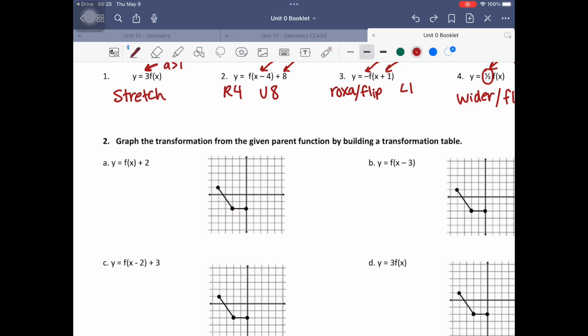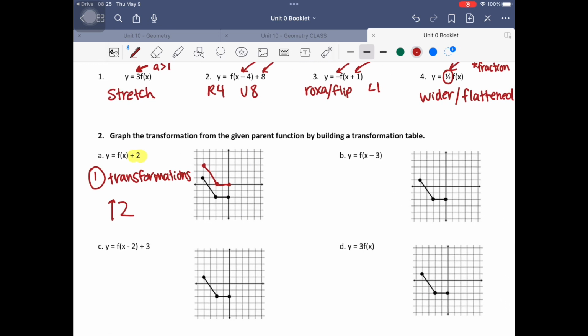So first thing I want to do is name the transformations. Okay, so one is transformations, and it looks like we only have 1. And that is going to be up 2. So I'm going to take every single point and move it up 2. Okay, so there's 1, 2, 3. Connect the lines. Good. So that right there would be f of x plus 2.